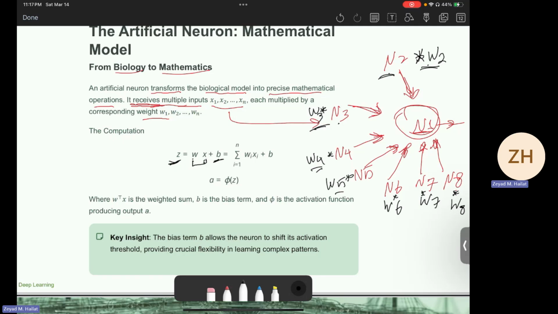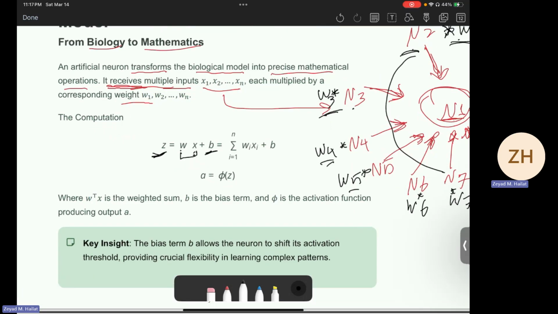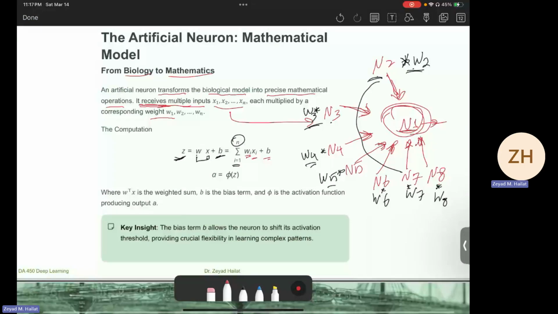We'll talk about it later on. And this can be translated to how many neurons we have in here, which will be N, starting from 1. This will be the weight times the X, which is the actual neuron signal, plus the bias, which will be the input to this neuron.